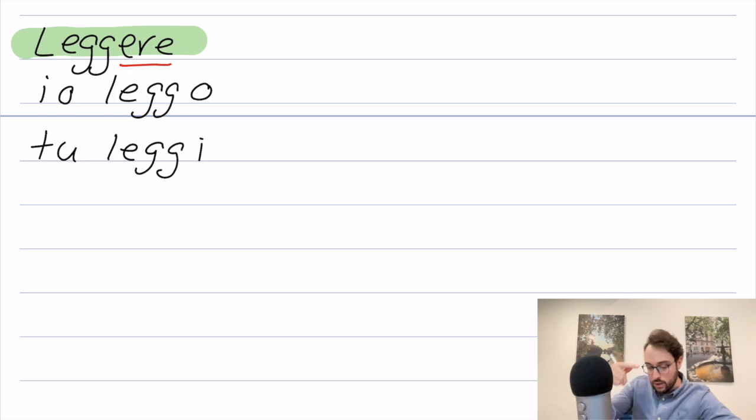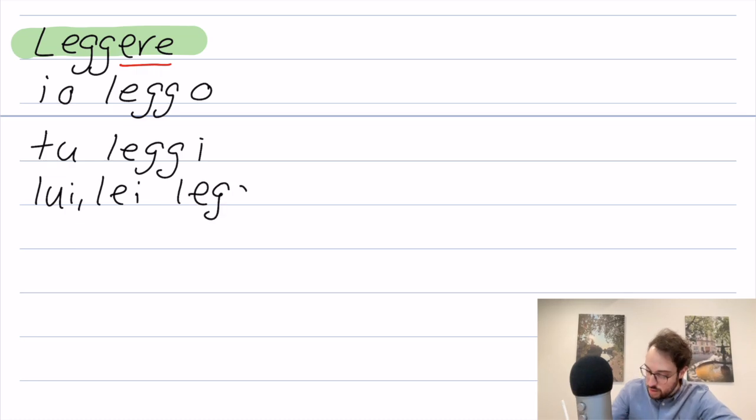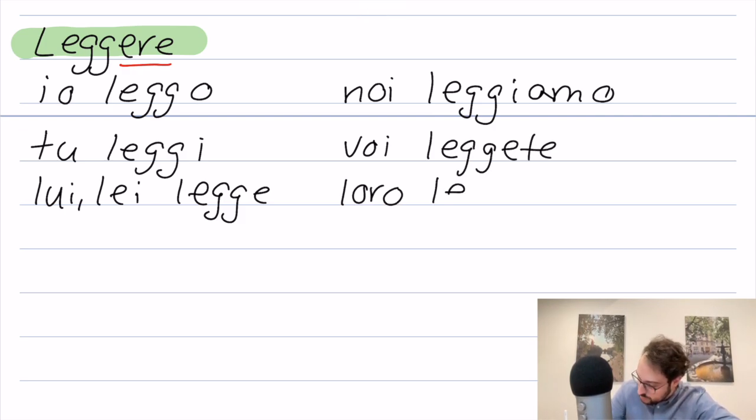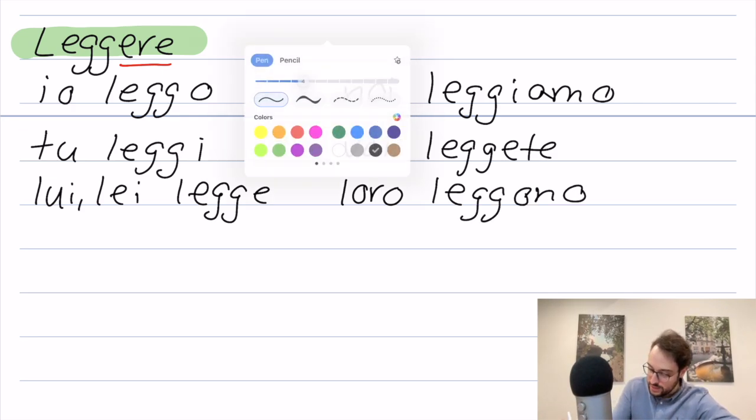Yet again, we're cutting off that E-R-E, putting in an ending. Lui, lei, legge. Noi leggiamo. Voi leggete. Loro leggono.